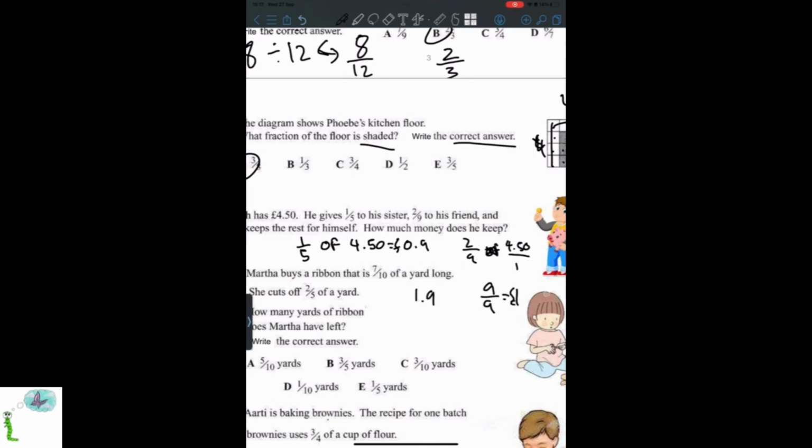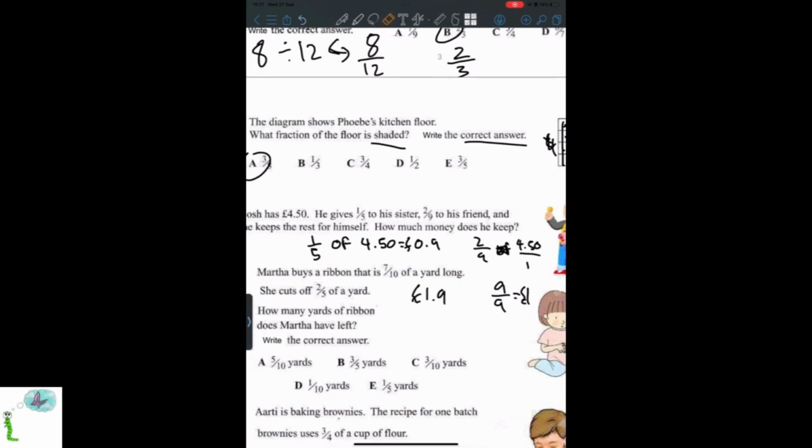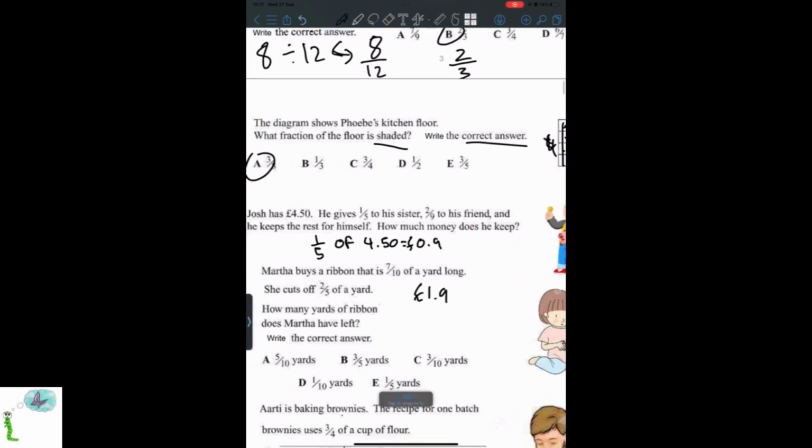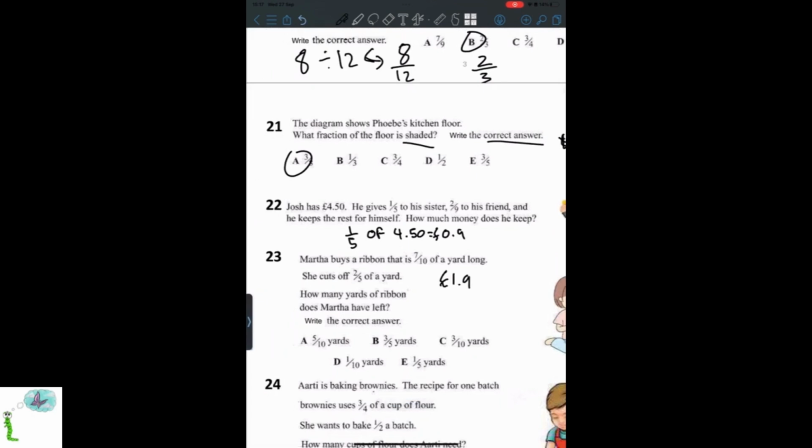So there's going to be £1 left. No, £1 that he's donating, right? So we have to take that away from the final value, which is going to equal £2.60, and that's going to be the final value. This should be on this side. So that's going to be your answer. You have to remember to take it away because it's asking how much money does he keep.